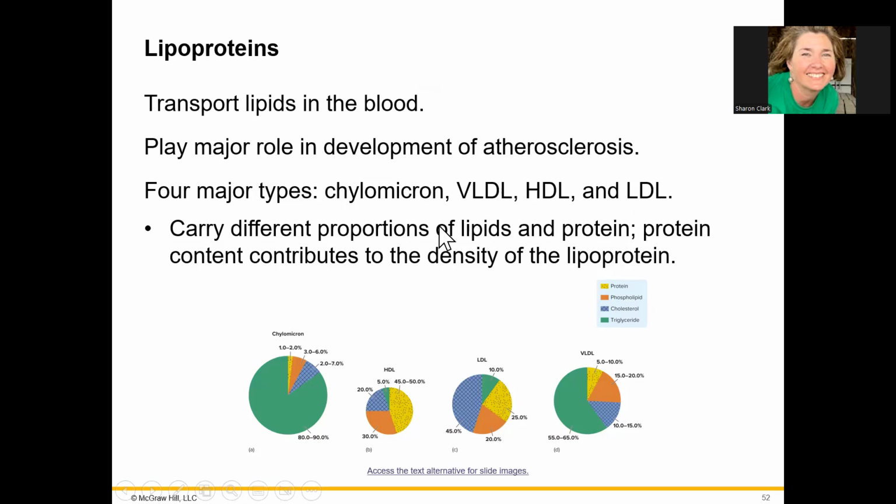We'll talk about each one briefly. They carry different proportions of lipids. Trans fats affect certain ones differently.